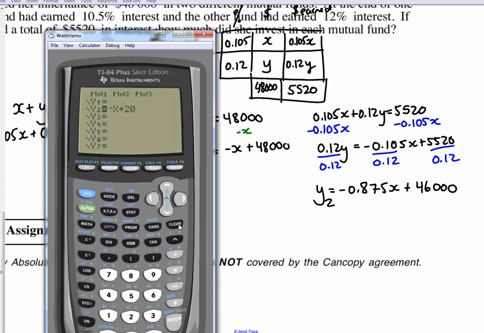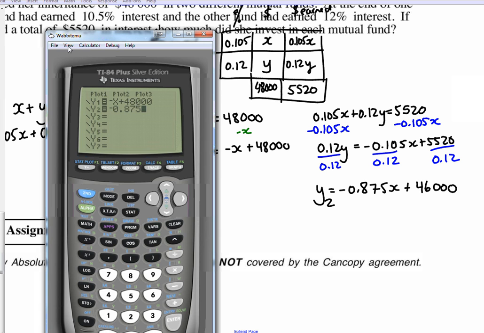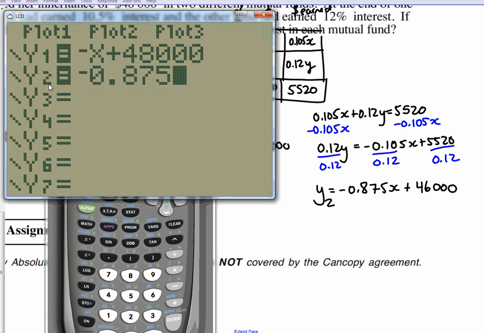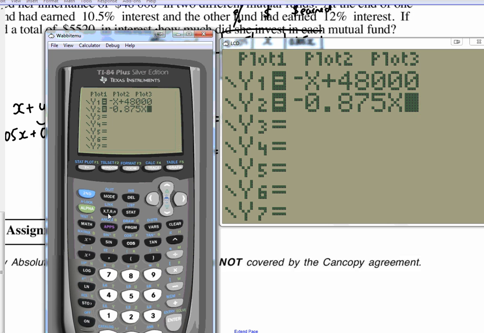Okay, so when we go to do this, we have negative x plus 48,000. Zooming out, you're going to have to zoom out a lot of times to get to the 48,000. So it's a lot easier to change your windows. And negative 0.875. Let me put the screen up. View. There you go. X plus 46,000.